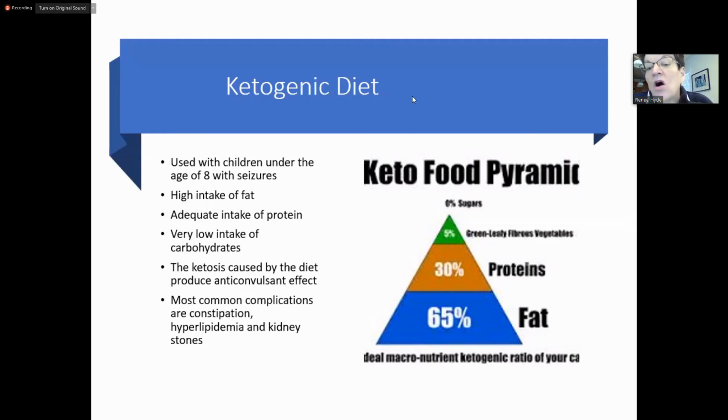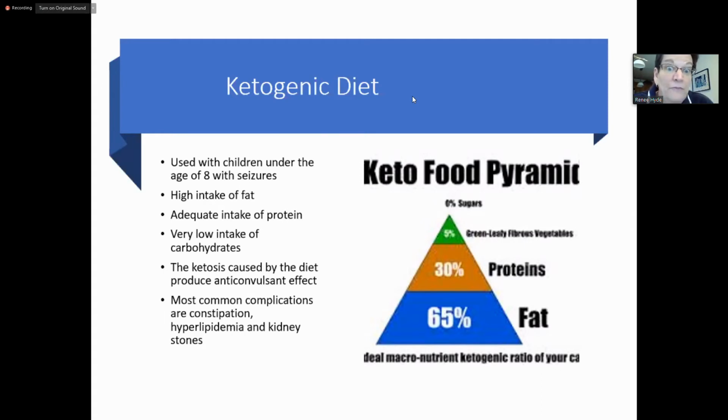Typically with the carbs here, we're talking more green leafy vegetables, fibrous vegetables. No potatoes, no carrots, no starchy vegetables, because typically those turn to sugars whenever you intake into the body, and it throws off that ketosis.